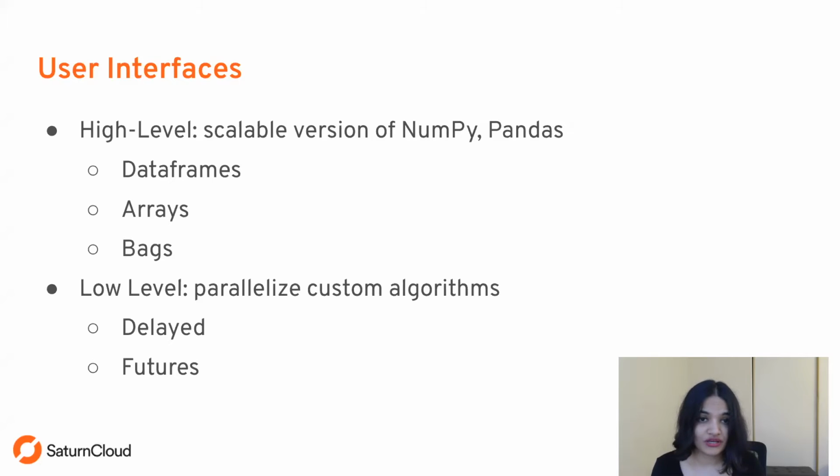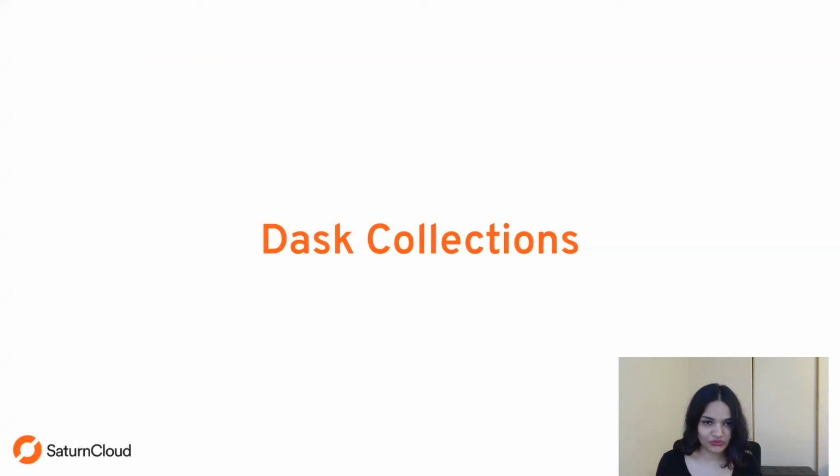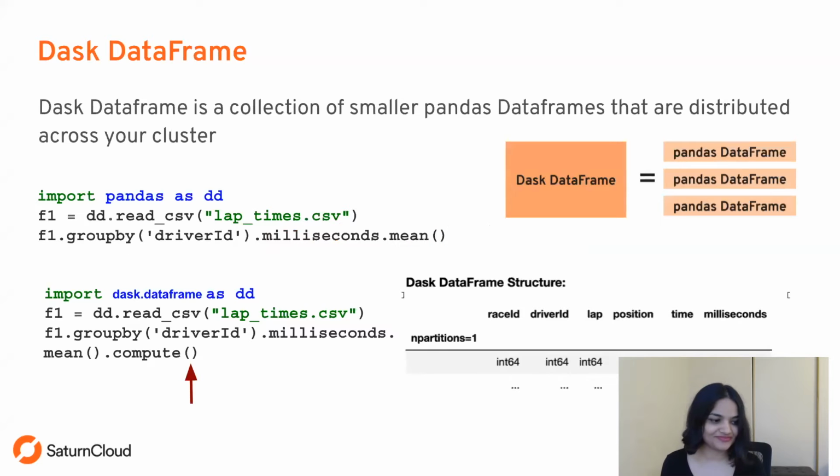What do you do? In that case, you keep your custom algorithm as it is. You don't make any change to your single node custom algorithm. You just wrap it with something like Dask delayed or Dask futures. So now we would be seeing each of these in detail one by one along with examples.